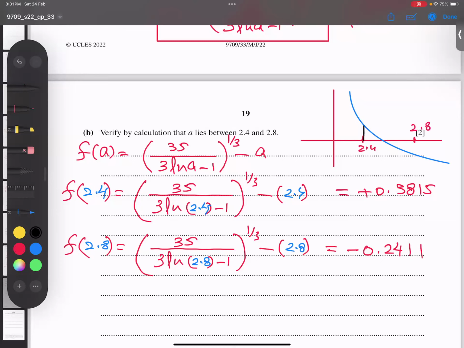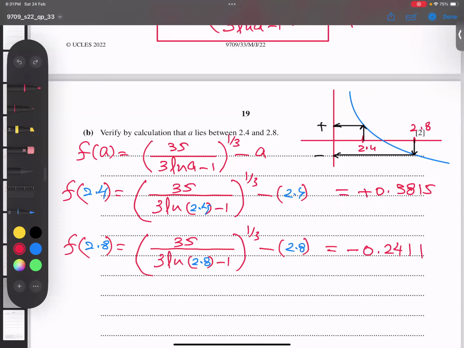This is the 2.8 x value, and the y value is coming positive here. Even when you check, 2.4 gives you a positive answer. If 2.8, I go on the curve and check the value of y from here, which is coming negative.